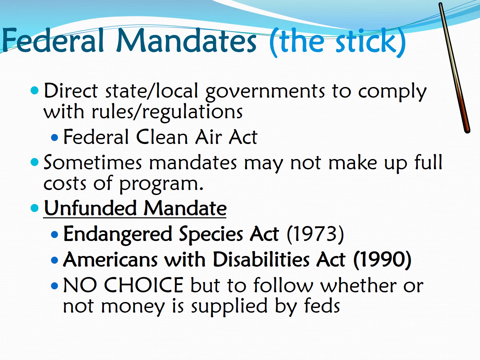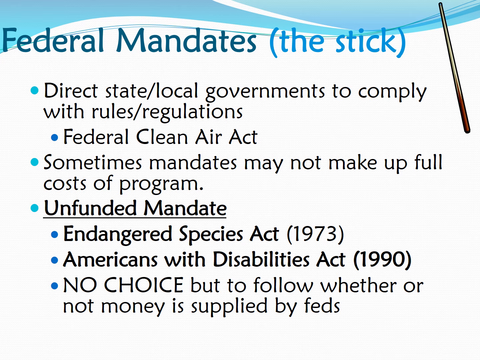So if you recall, when we were talking about cooperative federalism, we said that the federal government had various tools at their disposal to try and incentivize and entice states to do what they wanted them to do. In this case, I would like for you to think of an analogy here.